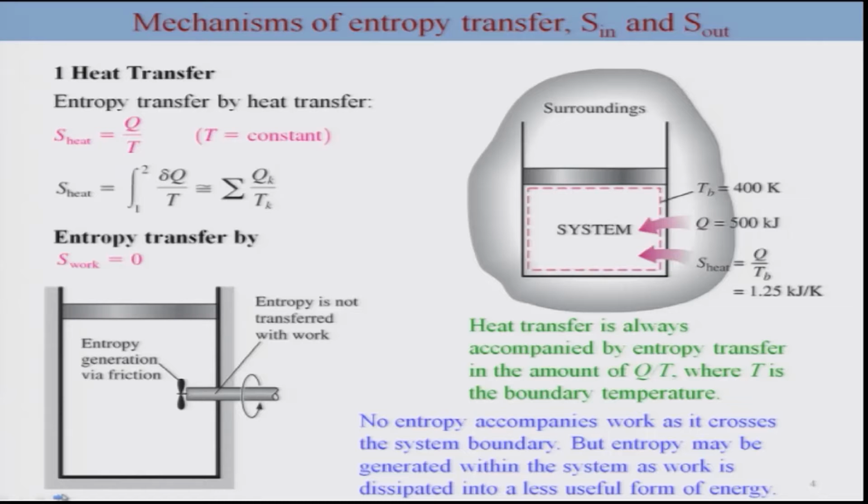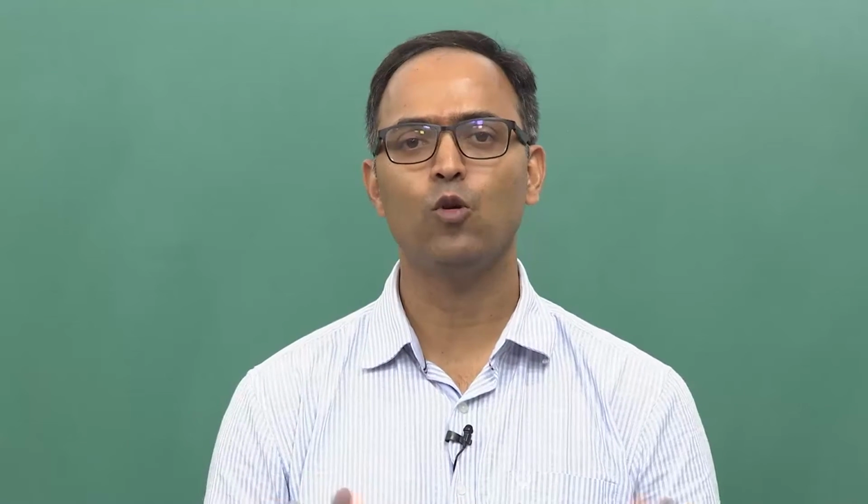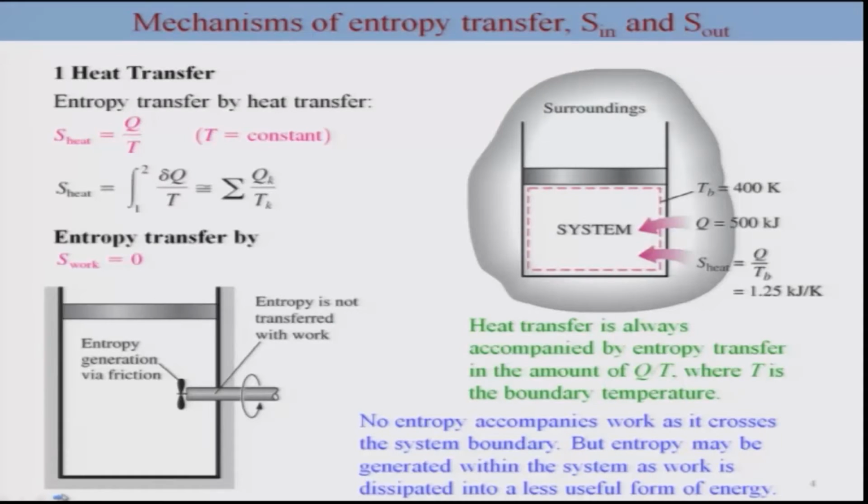So what are the mechanisms of entropy transfer? Let us first look at it. There are two mechanisms, one due to heat transfer, and the other due to mass transfer, which applies to the case of an open system. Let me first look at heat transfer. As we already mentioned earlier, the entropy transfer by heat can be written in this form, assuming the reversible case.